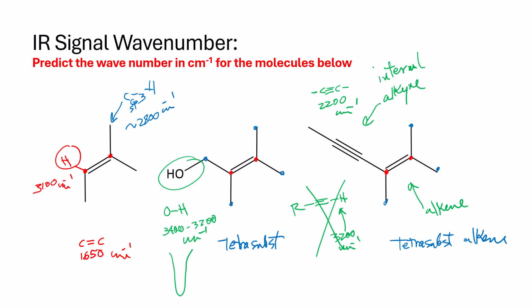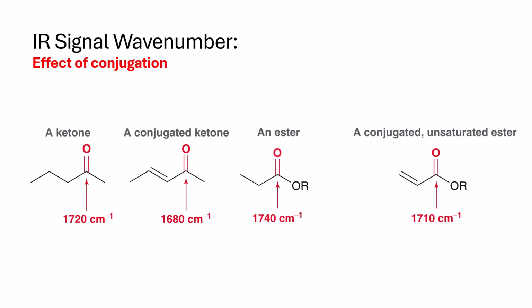So all three were alkenes, but the first one on the left had a hydrogen, so I can see the signal, and not on the others. The second molecule had an OH, which was easier to assign, and then I have an internal alkyne in the third molecule. Now, when we have carbonyl compounds, we can also add carboxylic acids to that, for example.